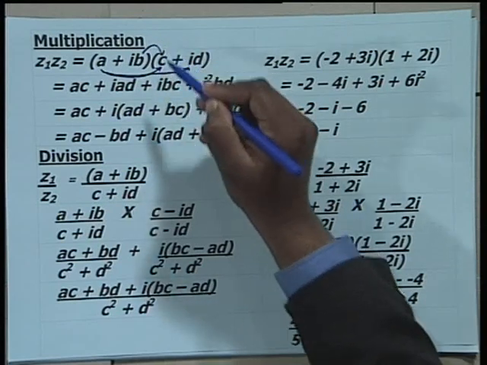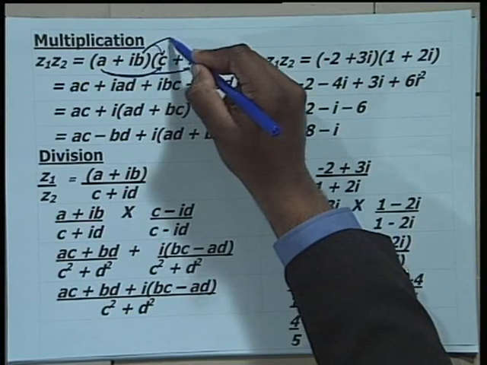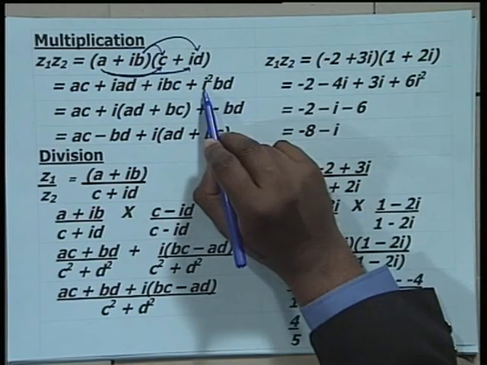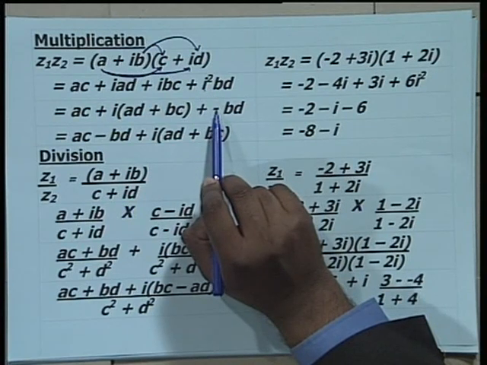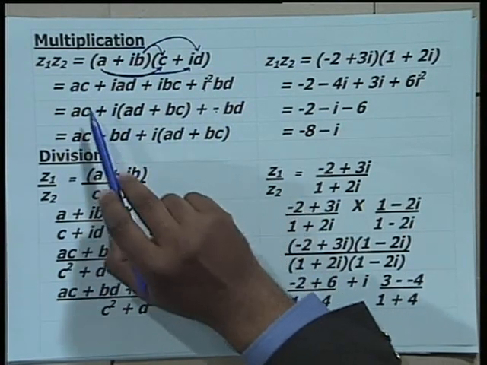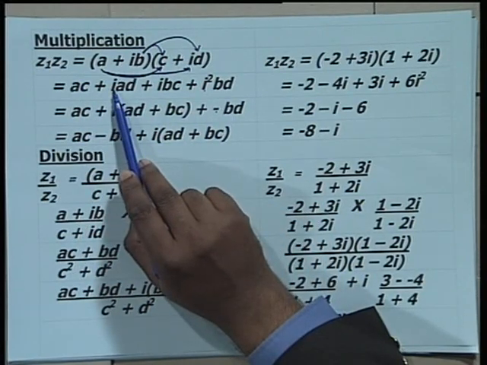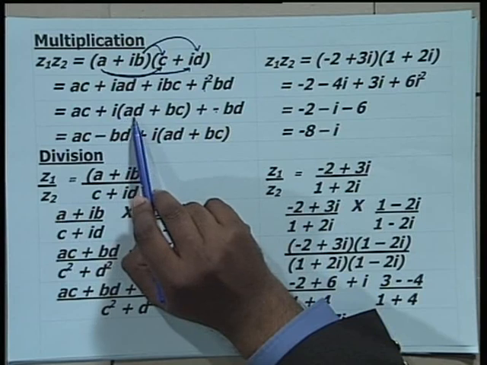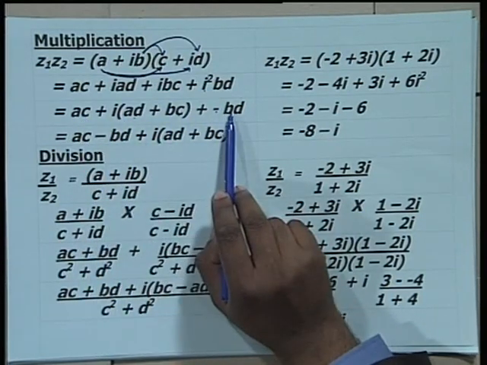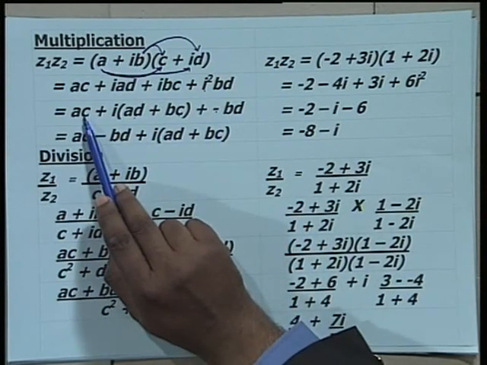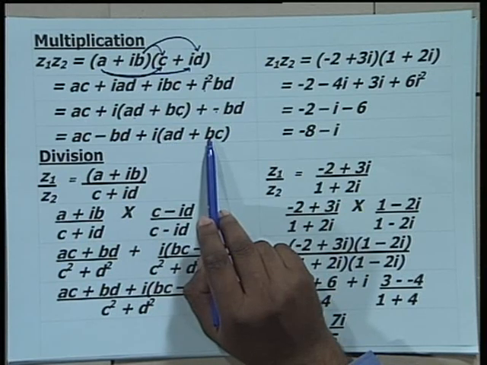B times c gives ibc. ib times id gives i squared bd. Note that i squared is nothing but minus 1, so that we have ac minus bd. We remove the i outside to obtain i times ad plus bc. Rearranging, that is grouping all the real parts together, we have ac minus bd and i times ad plus bc.